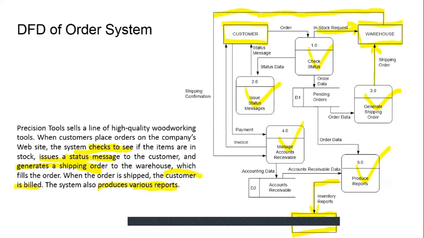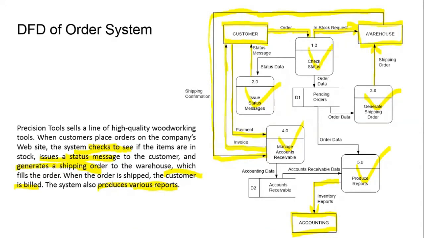That was about the shipping information. The customer was associated with 4 data flow. One data flow about the order, one data flow about the status message, one data flow about the payment, one data flow about the invoice. So till now we have this much detail about the system.